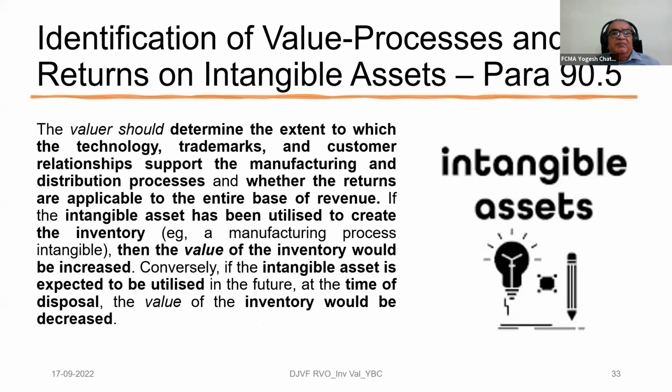So if an intangible asset has been utilized to create the inventory, for example a manufacturing process intangible, then the value of the inventory would be increased. Conversely, if the intangible asset is expected to be utilized in the future, at the time of disposal, the value of inventory would be decreased. So this is very important.